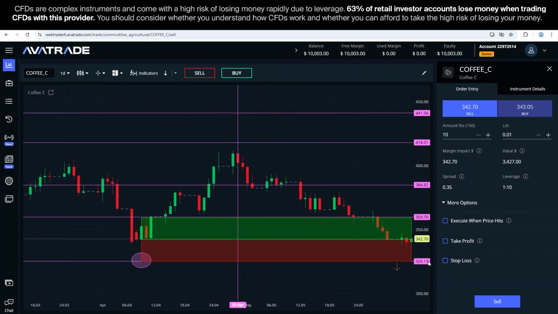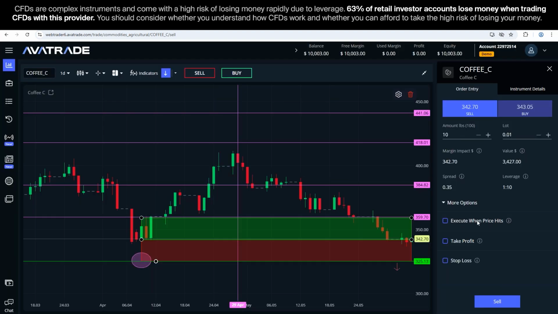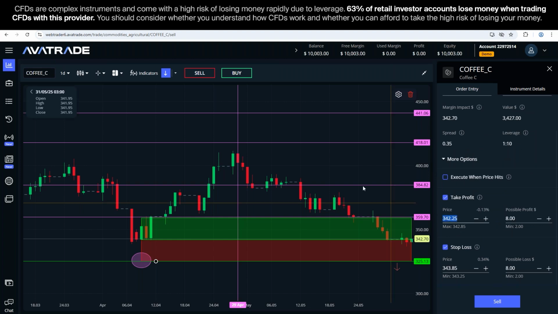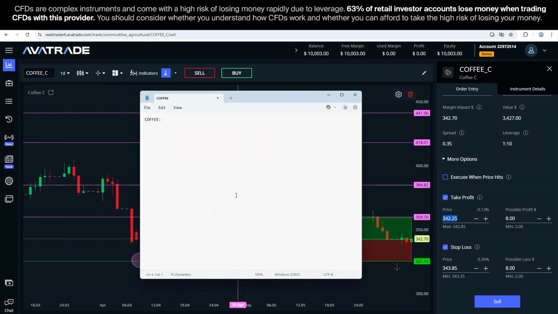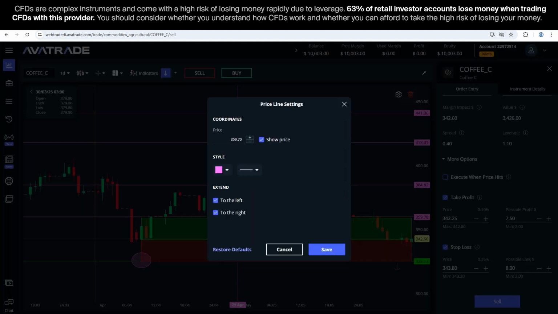Okay? In this case, if I'm targeting the green line that I've marked at the bottom to be my take profit, and we've learned the take profit, what it does is it closes the position automatically when reaching the price.